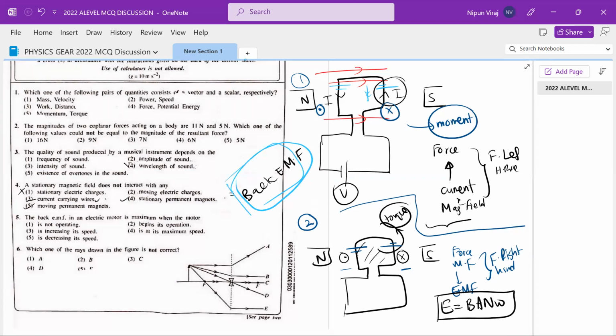So according to this equation, you could say back EMF is maximum when not operating. That is wrong. When it is not operating, there is no back EMF. At the beginning of its operation is also wrong. It is maximum when it is at its maximum speed, because when omega is at its maximum, the back EMF will be at its maximum. It's as simple as that.